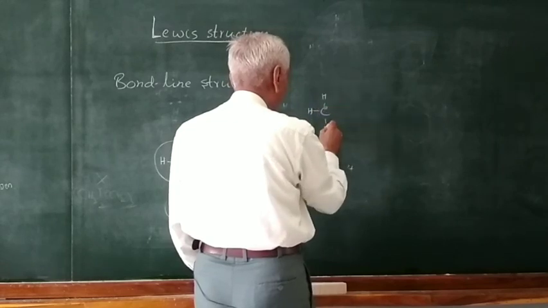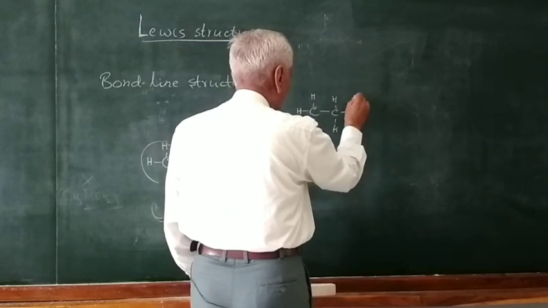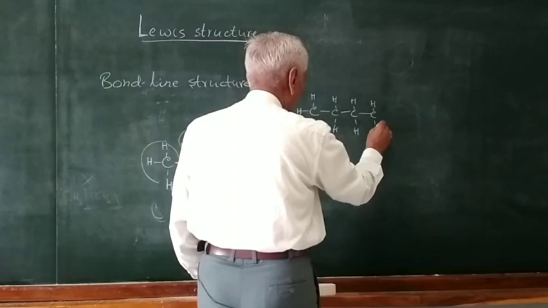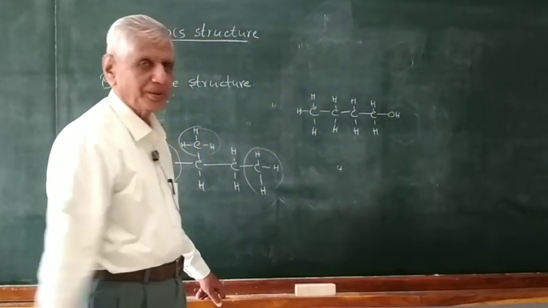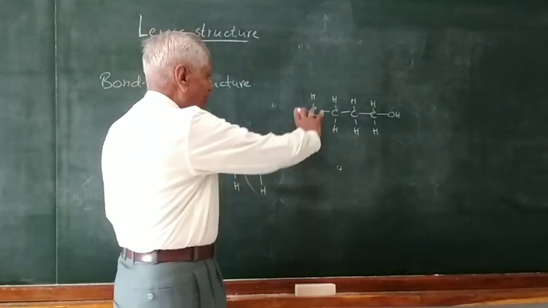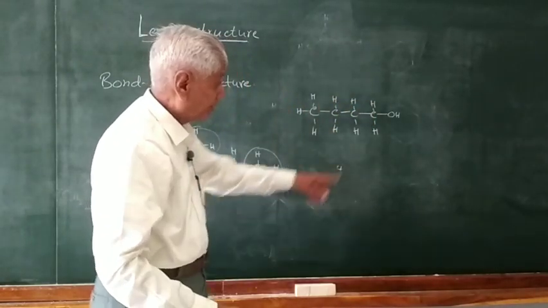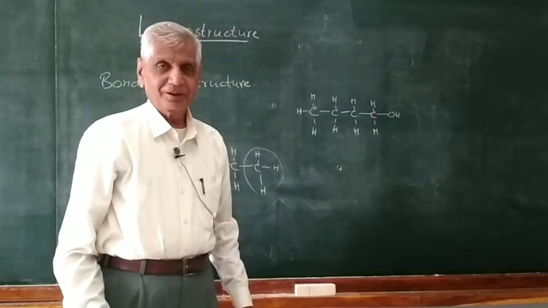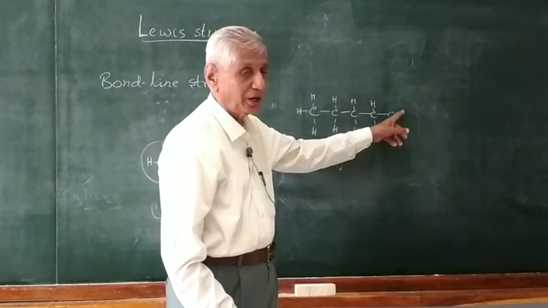CH3, CH2, CH2, CH2, OH. Here, in the bond-line structure, you will not write CH2, CH3, CH2, CH2. You will not write. But this has to be written. OH you should write. This functional group is completely written. OH should be completely written.